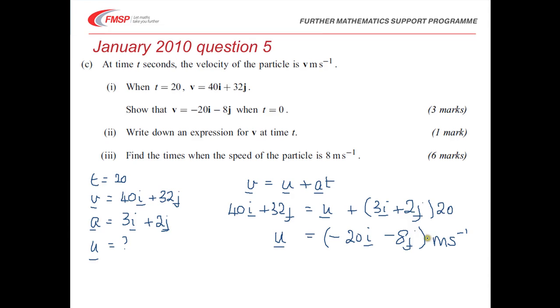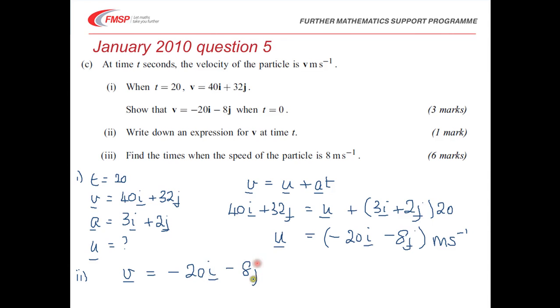The next part of the question we could probably do here. So this was part 1. If we just look at part 2, it says write down an expression for v at a time t. So using v equals u plus at, we now know that the initial velocity u is minus 20i minus 8j.